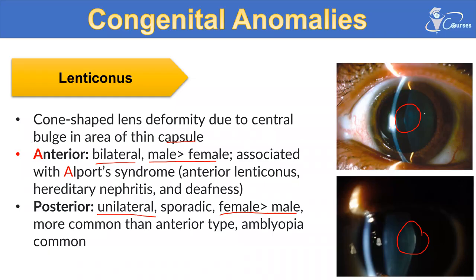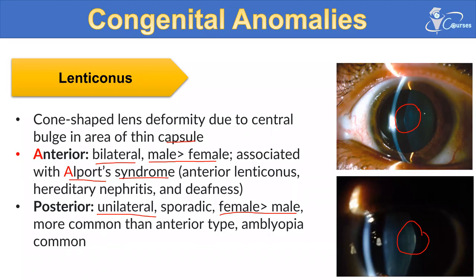Anterior has a very important association that is asked in the exams, which is Alport syndrome. Alport syndrome is a triad of anterior lenticonus, hereditary nephritis, and deafness. Again, Alport syndrome is a triad of anterior lenticonus, hereditary nephritis, and deafness. Remember, A for A, anterior for Alport.